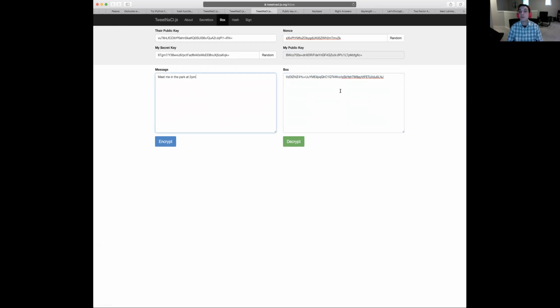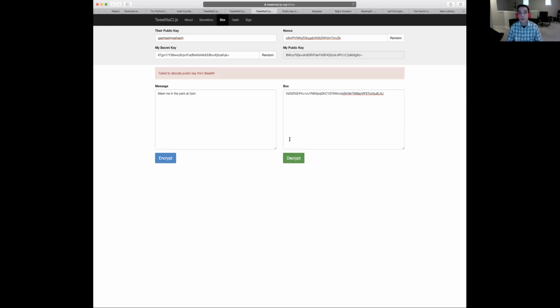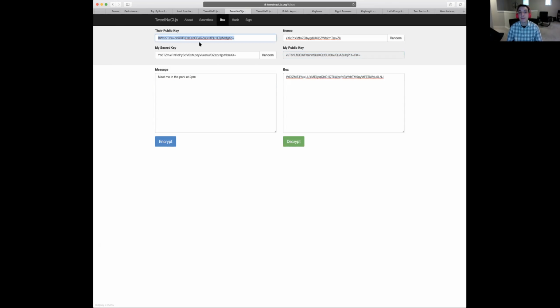And then when Bob decrypts it, the result isn't just the plain text. He gets that, meet me in the park at 2, but he also gets this person's public key. And if you don't have the right public key for them, you have some wrong public key, and you try to decrypt, well, actually, let's at least pick a valid public key.